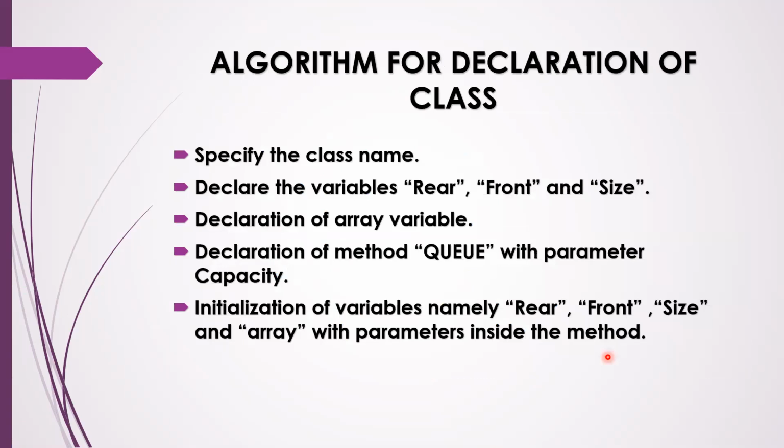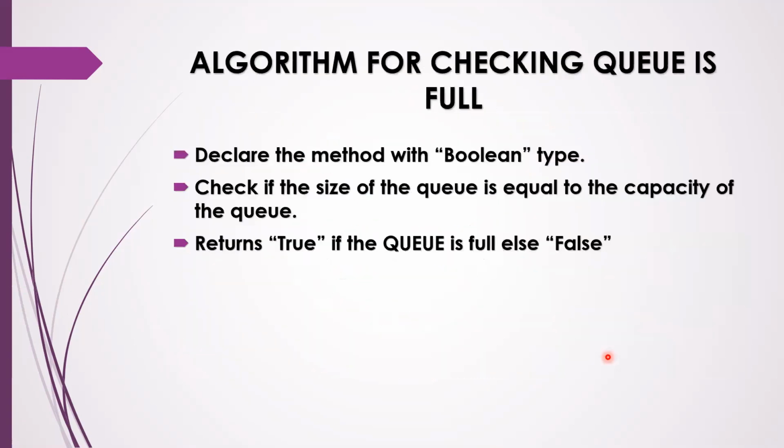So this is for declaration of class. Next, we are going to the algorithm for checking whether the queue is full or not. That is to check the overflow condition. You have to check for overflow condition before you do an enqueue operation, and you have to check underflow condition before you do a dequeue operation.